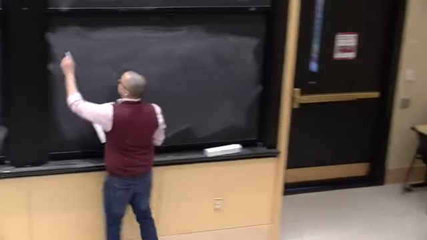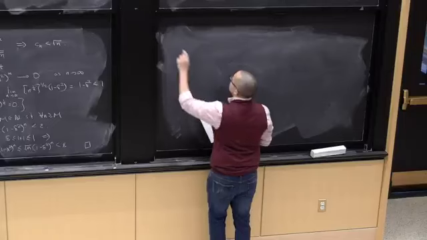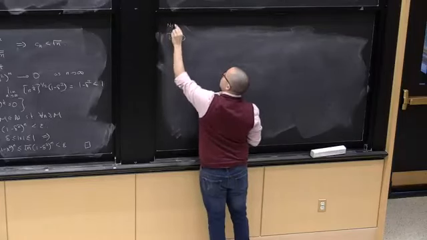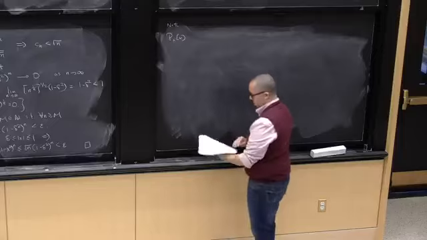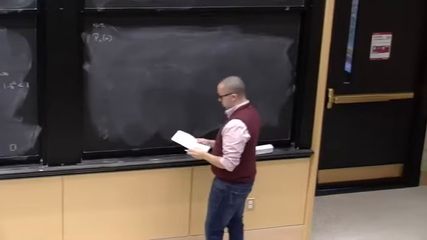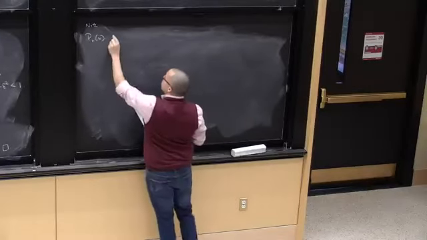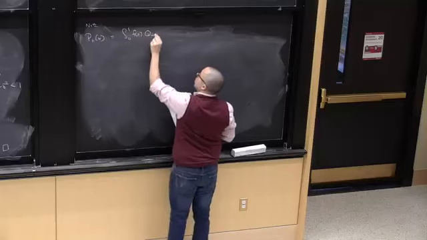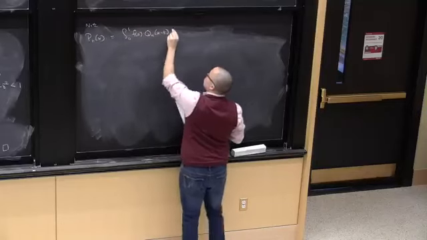Now, we can write this slightly differently. So p sub n of x is equal to this as it was before.